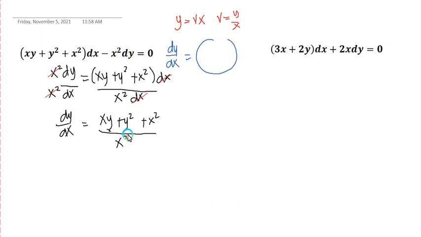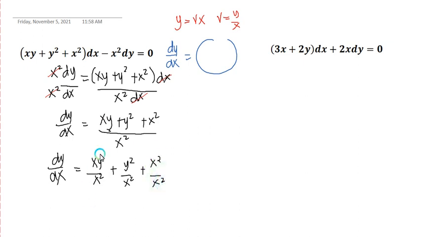So, ano subong ang natabo sa atong equation? Xy plus y squared plus x squared over x squared. So, na-isolate na ang atong dy over dx sa atong nga equation. Next, i-individual ta sila. So, divide ta sila individually. This will be equal to dy over dx is equal to xy all over x squared plus y squared all over x squared plus x squared all over x squared.